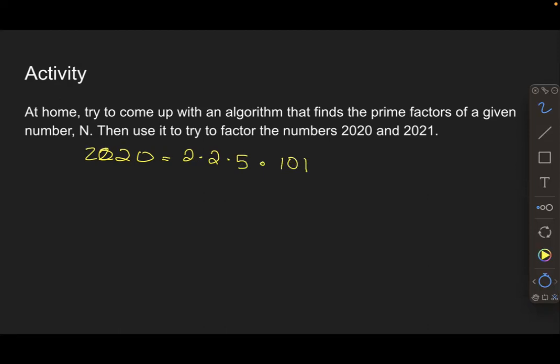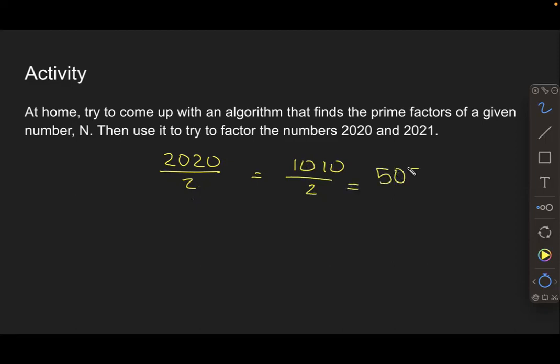You can think about how we could do it naively. If I'm starting with 2020, I'll start with the first prime number I know, which is 2. See if that divides it. It does, so I divide it by 2 and get 1010. Then again I try 2. That works, and that's 505.